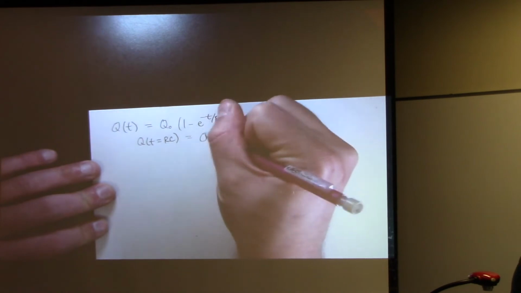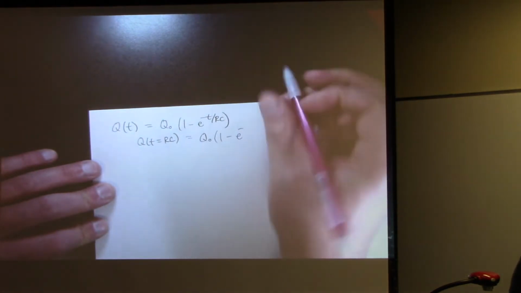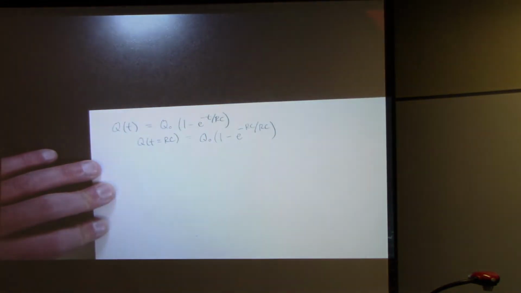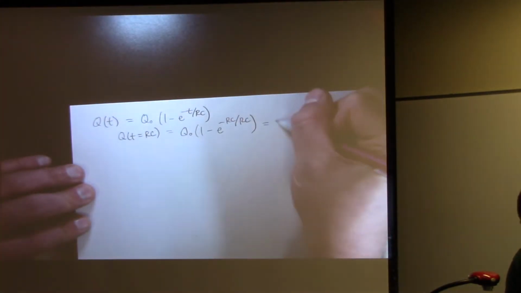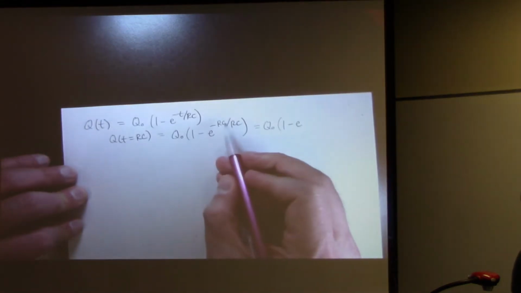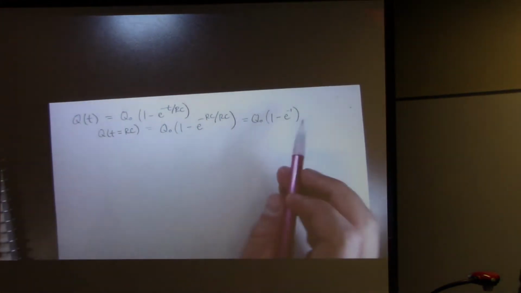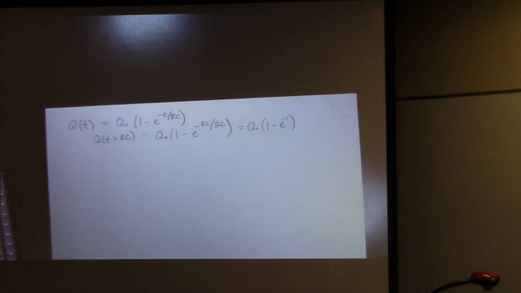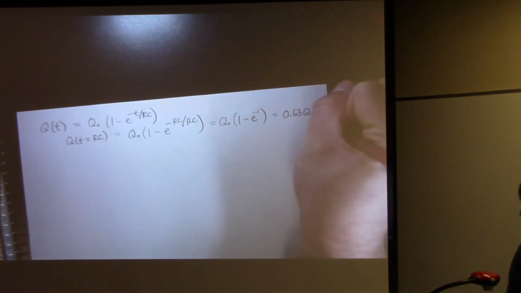Well, we get Q naught times 1 minus e to the minus t, but I'm plugging in RC for the time. So now I'm going to have RC divided by RC. So to simplify, this is just Q naught times 1 minus e to the minus 1. Okay, so this is a number. You can actually calculate 1 minus e to the minus 1. So punch that into your calculator, and you're going to see that this is 0.63 Q naught.